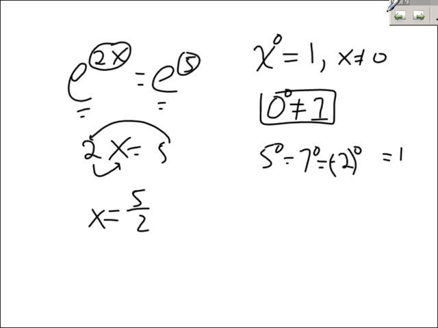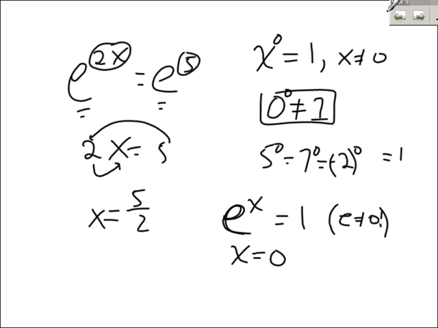Any non-zero number raised to the 0 power is 1. So if I tell you that e to the x is 1, and e is not 0, then the power must be 0. If this number to the 0 power is 1, then x is 0.